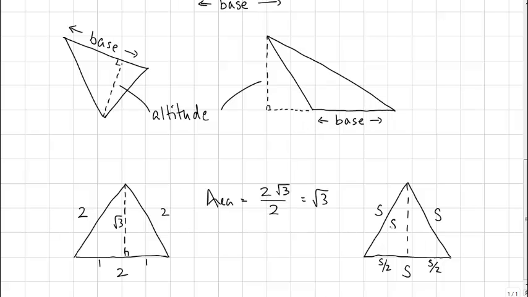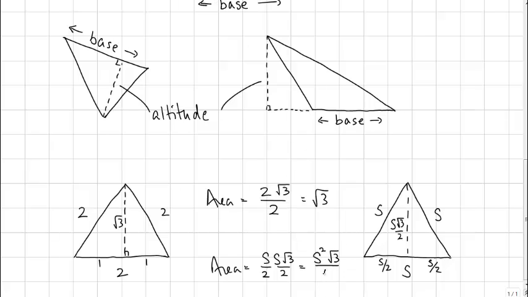So we get s root 3 over 2, and the area is going to be half of the base, which is s over 2, times the height, which is s root 3 over 2. And the s times s becomes s squared, and then we have s squared root 3 over 4.